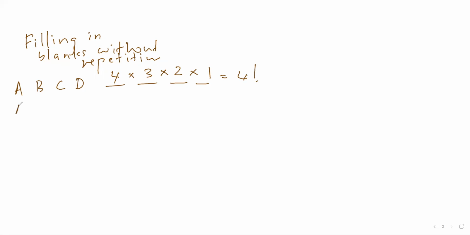But what about if it is A, C, D with 1 letter being repeated? In this case, the final will be 4 factorial over 2 factorial. This is to account for that repetition.